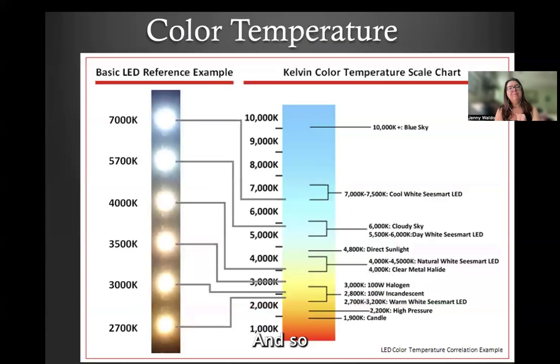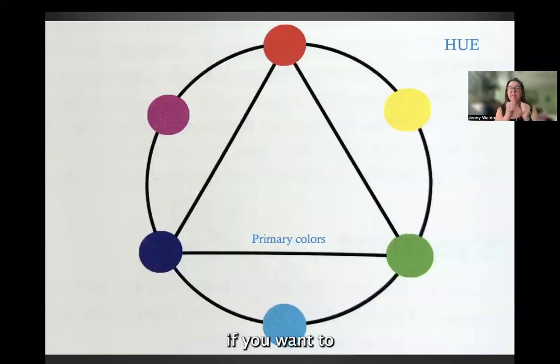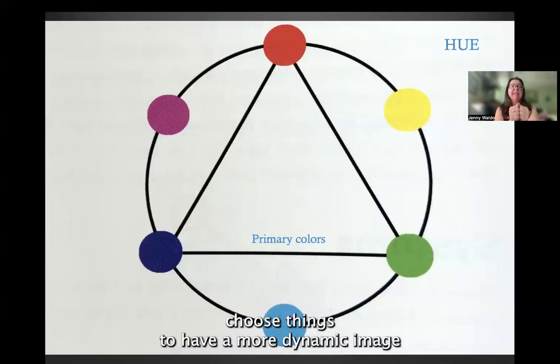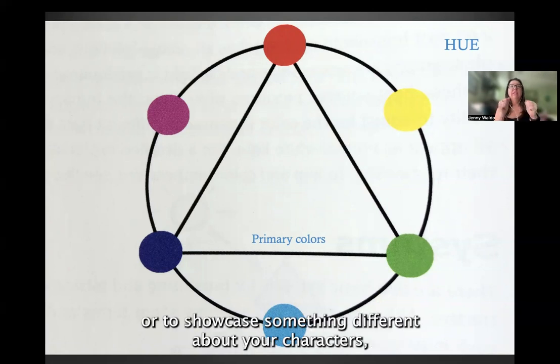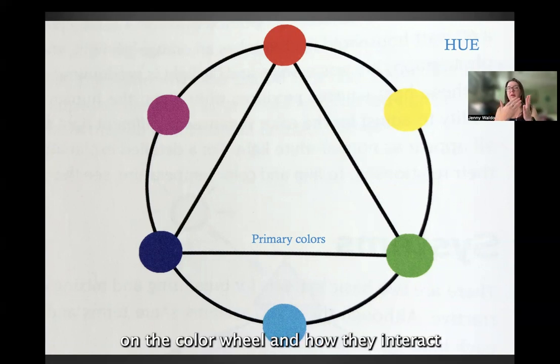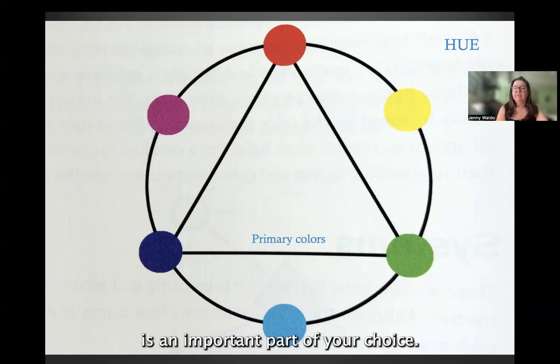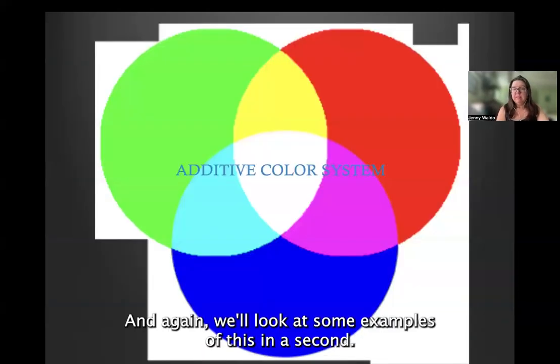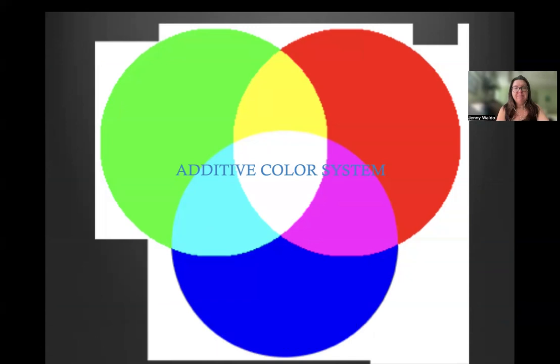And so if you want to choose things to have a more dynamic, intense image, or to showcase something different about your characters, where colors fall on the color wheel and how they interact is an important part of your choice. And again, we'll look at some examples of this in a second.